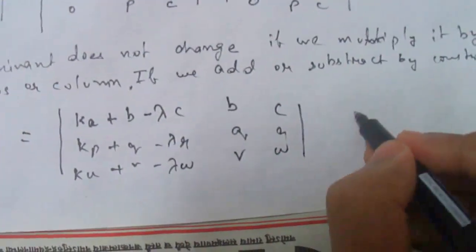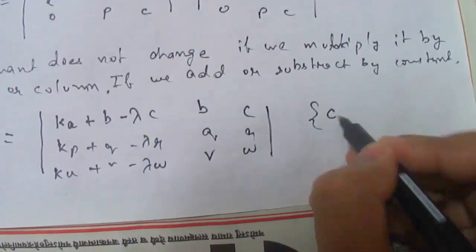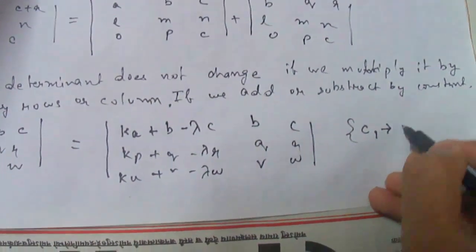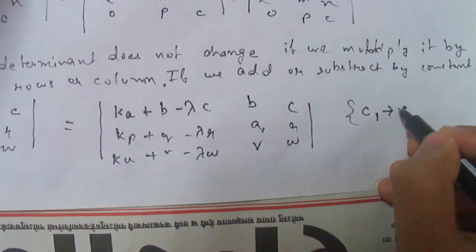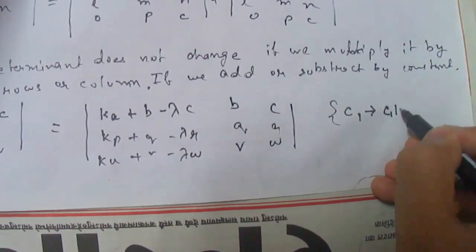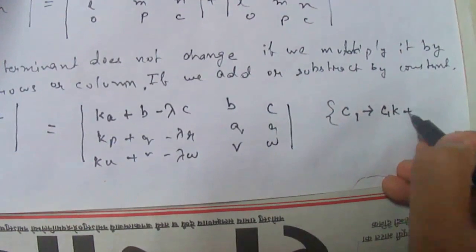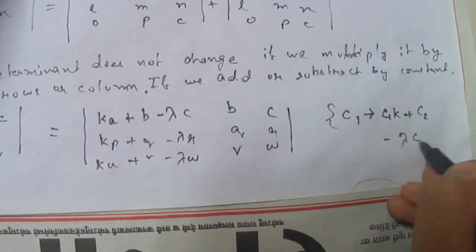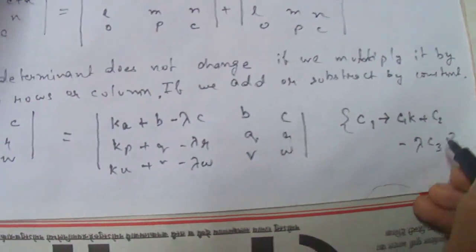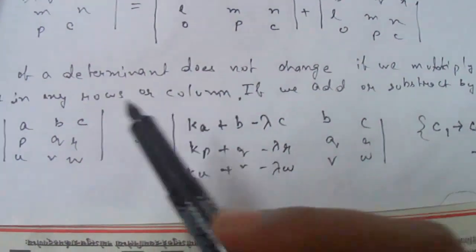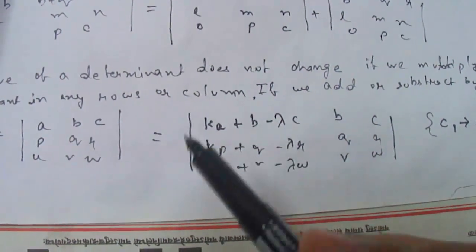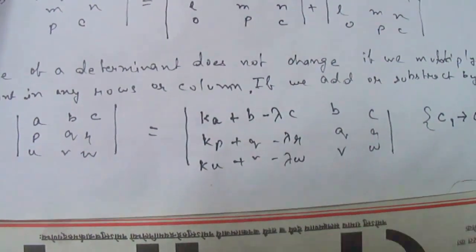So what we did is we brought changes in column 1: we multiplied C1 by k, then added C2, then subtracted lambda times C3. So we can bring any changes in our determinant by multiplying, dividing, subtracting or adding by a constant.